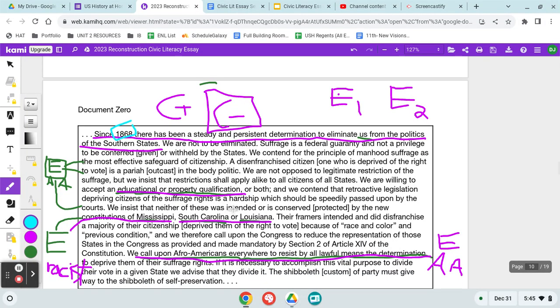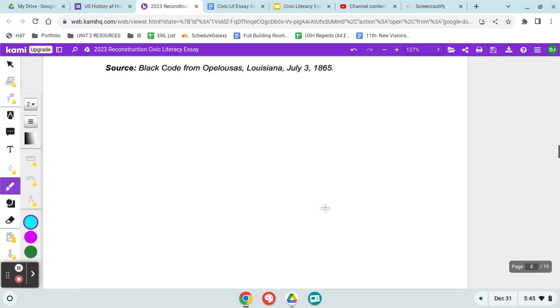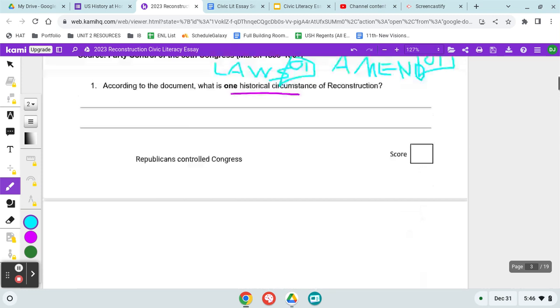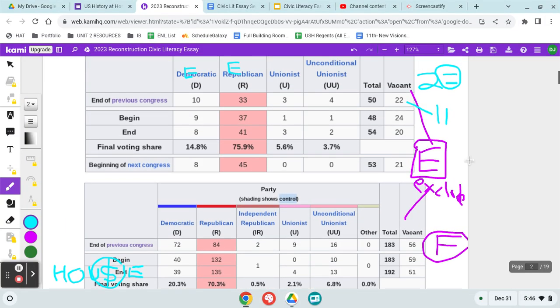Well, I could talk about, for example, the right to vote. If the authors of document 0 are calling upon Congress to punish these states, or they're calling on the courts to eliminate these restrictions based off of race and color, then I could also connect this with document 1, going out on a limb and assuming that over time these vacant seats did not all go to the Republican Party, right?